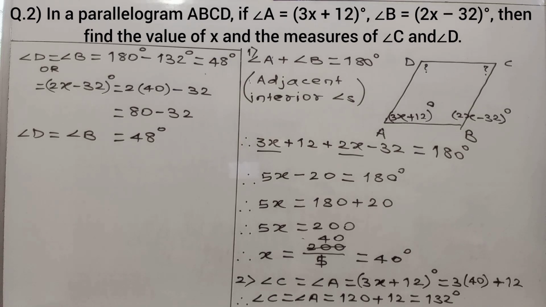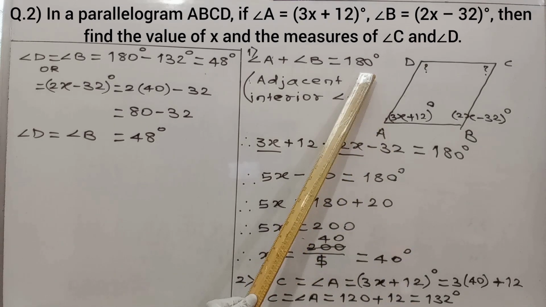Adjacent interior angles are supplementary. Supplementary means the sum is 180 degrees.